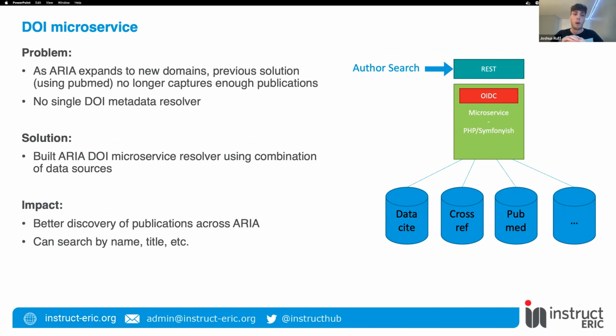Since ARIA is always expanding into different domains, we got this issue where we would use, for instance, PubMed as our DOI resource, and there are publications of a certain domain that just don't exist within that resource.